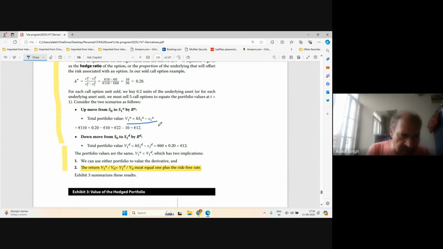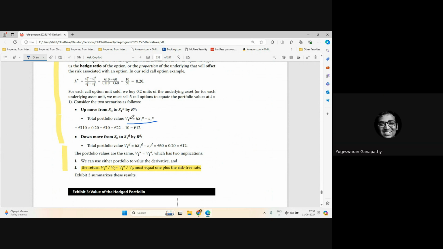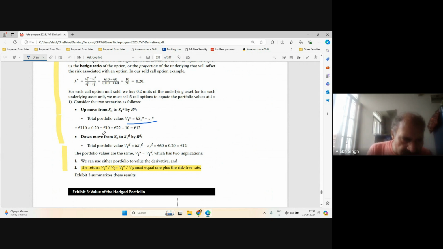S1 became 110, our H was 0.20, and C1U was 10. So how much is the value? 22 minus 10, which is equal to 12. So if the market went up, our portfolio value became 12.